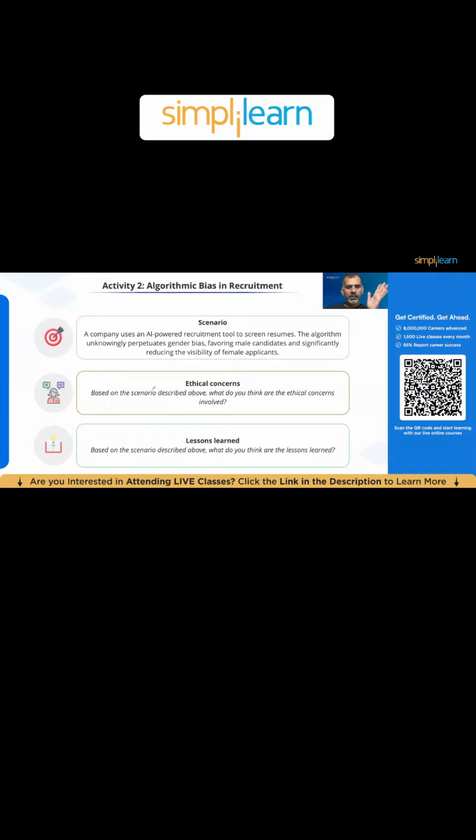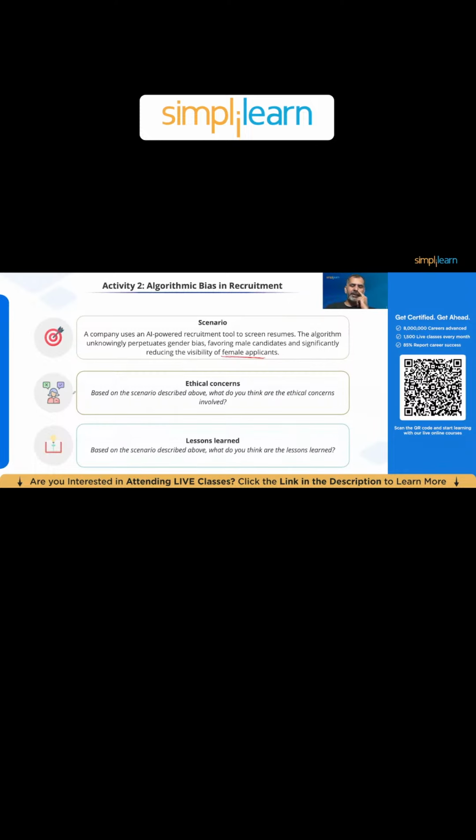Let us talk about a second scenario. There is a second activity which is given to us. Let's suppose a company uses an AI-powered recruitment tool to screen resumes. I think this is the same which I've discussed. The algorithm unknowingly perpetuates gender bias, favoring male candidates and significantly reducing the visibility of female applicants. What are the ethical concerns over here, guys?